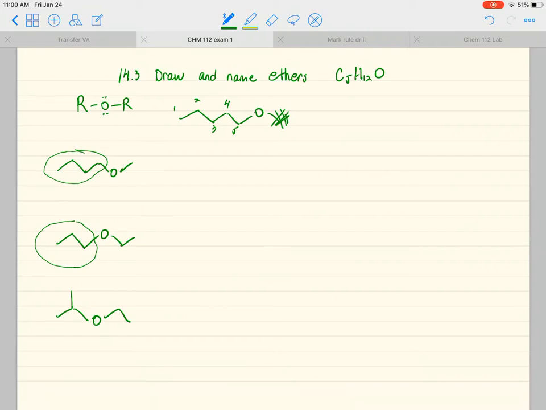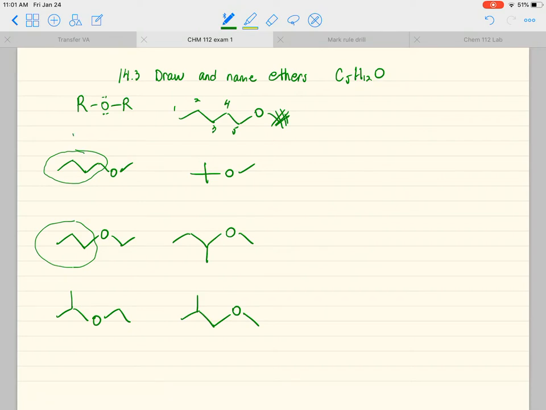So 4 carbons can be a tert-butyl group, could be a sec-butyl or an isobutyl group. Something like that. Okay. So let's name these.